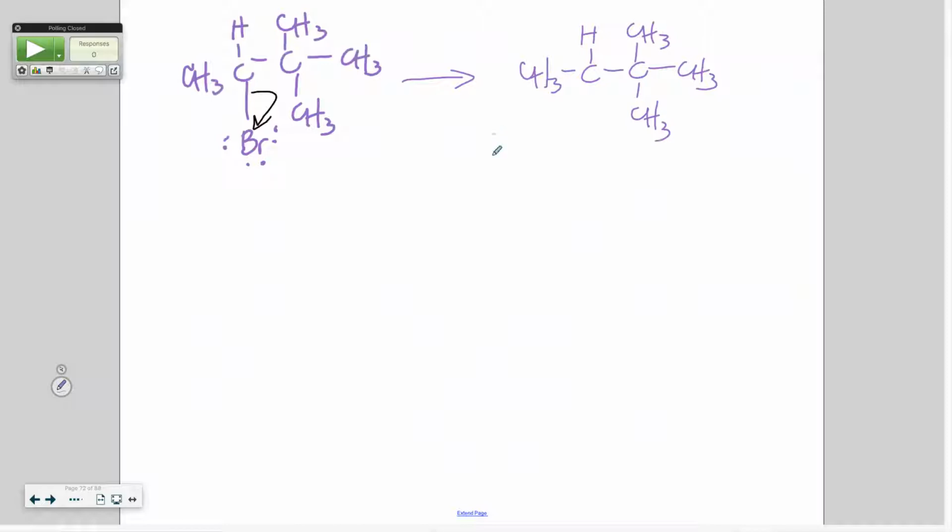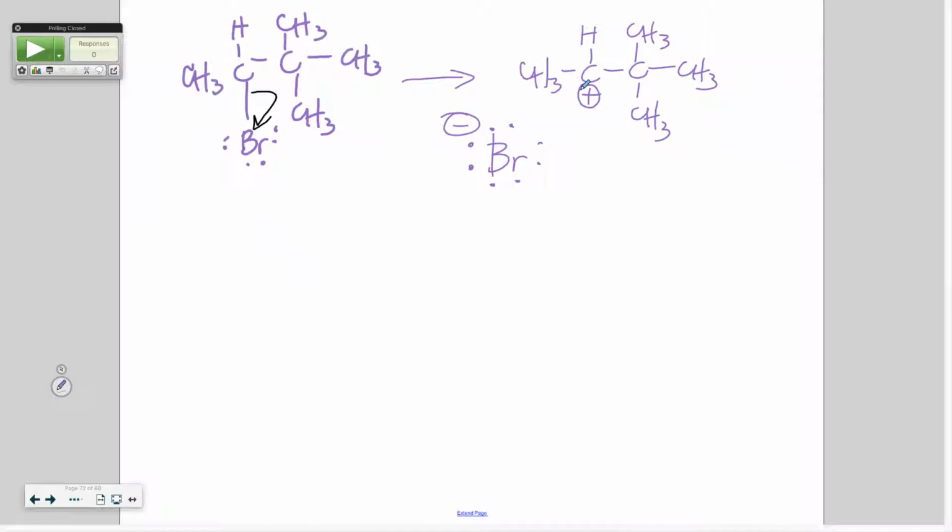So we have a Br with how many pairs of electrons? Four. Okay, so need anything else? Negative charge. Okay, my overall charge on the left is 0, so something's got to be positive on the right. What's positive? This little guy.